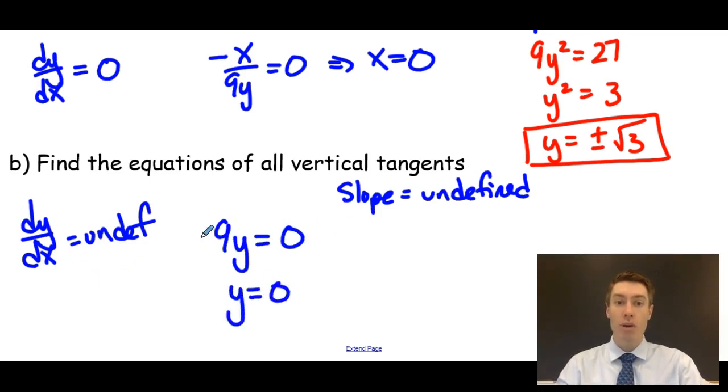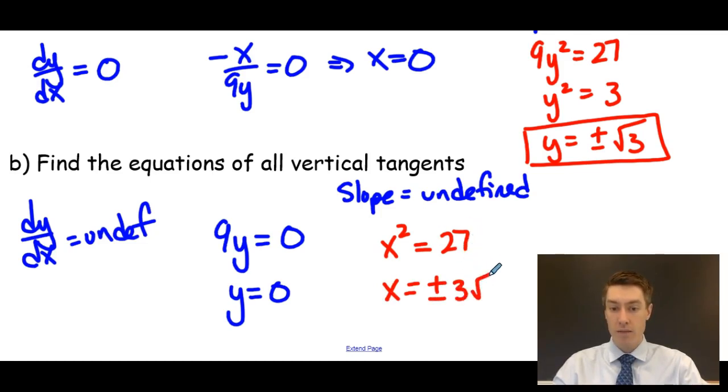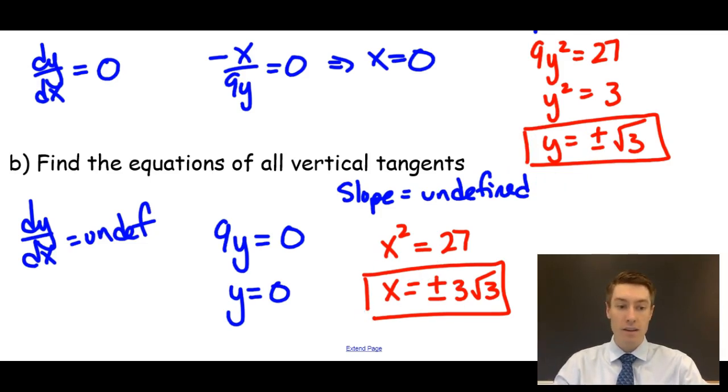Now again, we have more work to do because we need the equation of the vertical tangent, and vertical lines have x equals equations. So x squared equals 27. So x equals plus or minus the square root of 27, 3 root 3. So we have the equations of 2 horizontal tangent lines, and the equations of 2 vertical tangent lines. Okay, on to the next example.